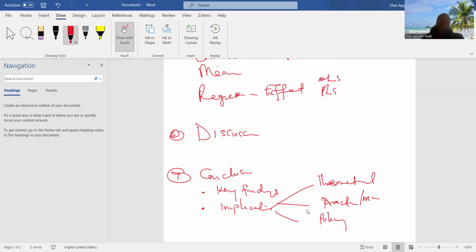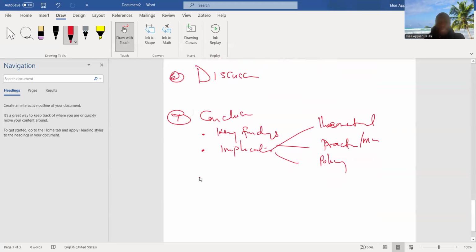So that is how to write the conclusion. Make sure that in writing the conclusion, you can summarize the objectives, the key findings, and the implications. Okay? And the last thing is that you can add the limitations and future research suggestions.